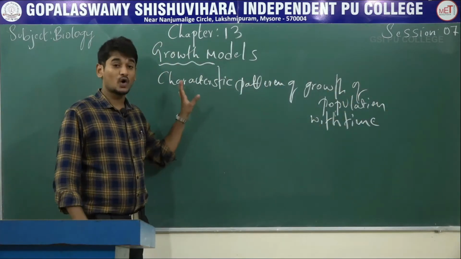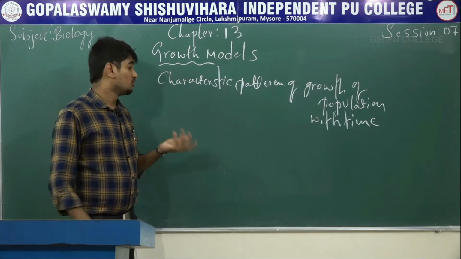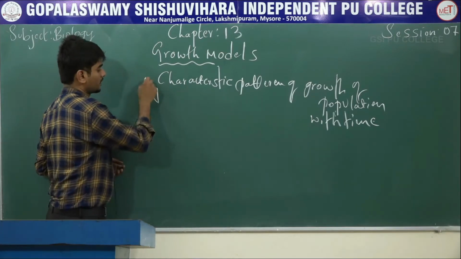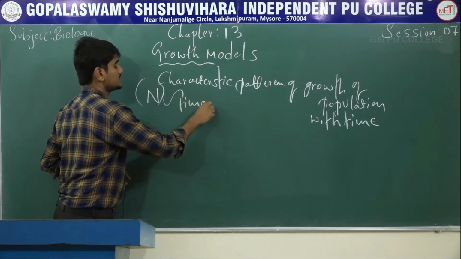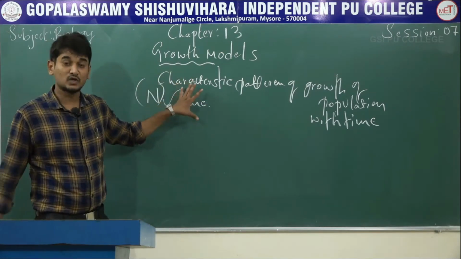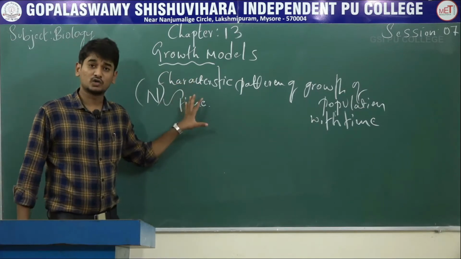Growth models are obtained by plotting population density against time. Then we get the growth model or growth curve.